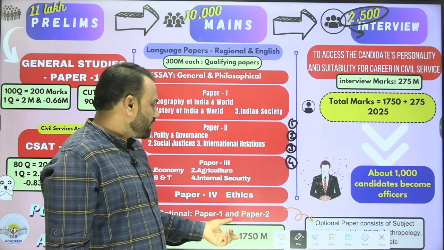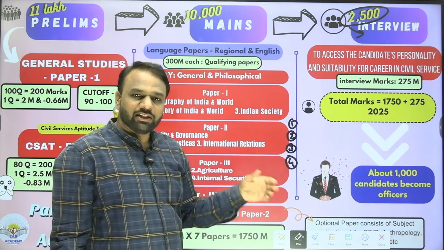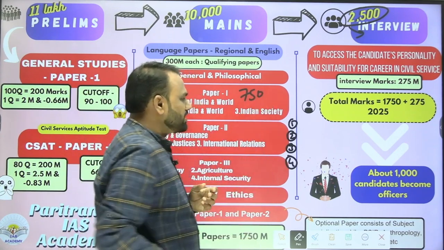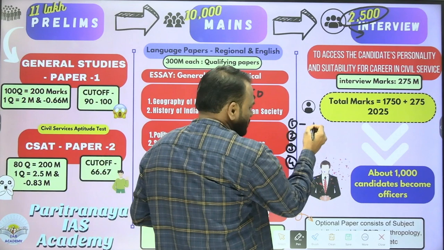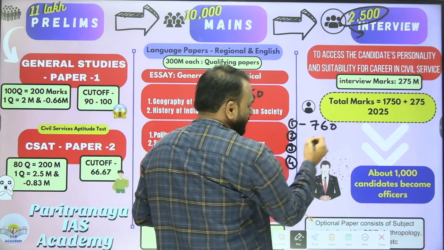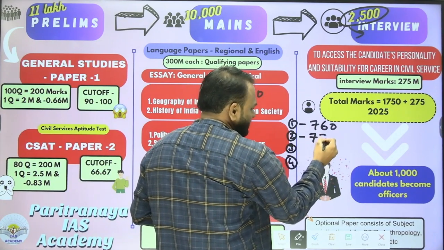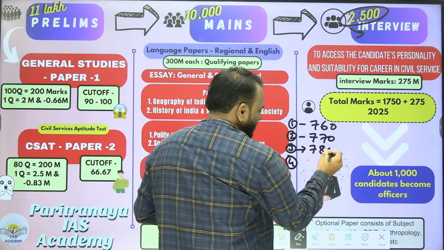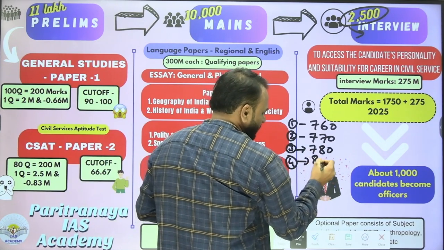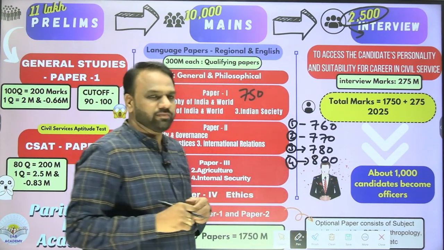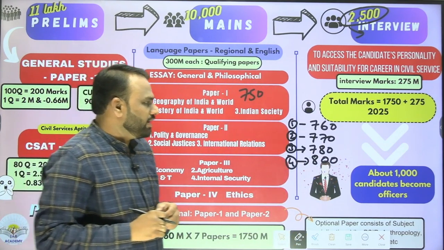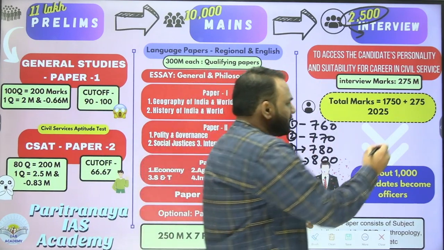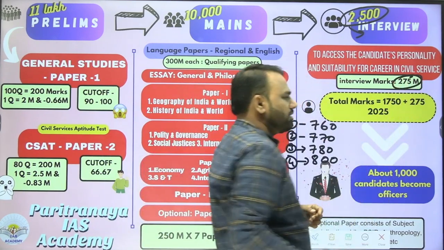Let us assume these 4 people have obviously got more than the cutoff marks, and the cutoff is 750. Person 1 has got 760 marks, person 2 has got 770 marks, person 3 has got 780 marks, and person 4 has got 800 marks. Now when these 4 people go for the interview, it will be conducted for 275 marks.